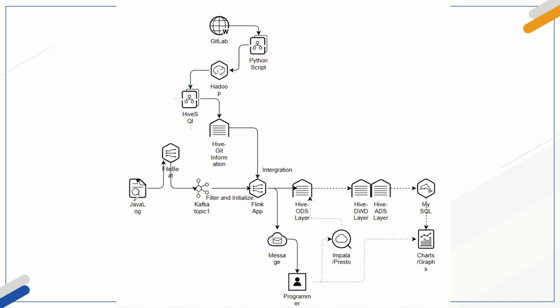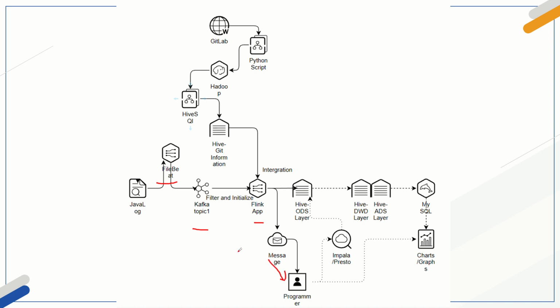Let's talk about the first problem: how to collect and process the error logs in real time. We collect the Java logs of each microservice interface with Filebeat, and then Filebeat sends those logs to one Kafka topic. We only need one Flink application to handle the data cleaning, data integration, and message sending to inform those programmers.